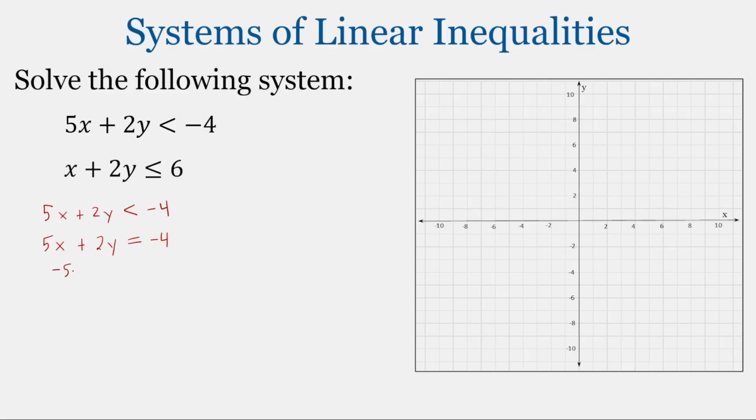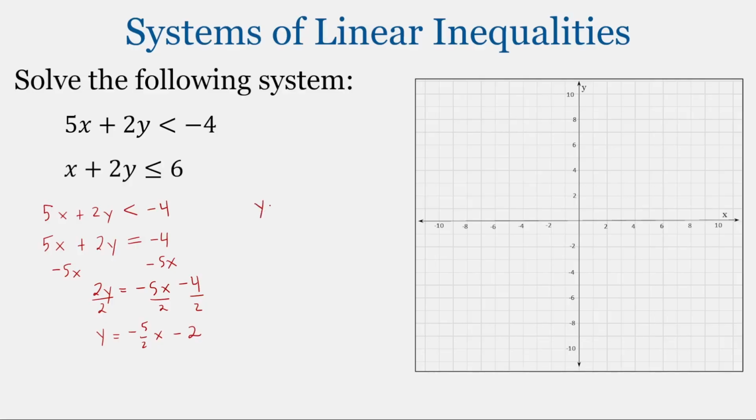So subtract 5x from both sides. This gives us 2y equal to negative 5x minus 4. And then dividing everything by 2, we get y equal to negative 5 halves x minus 2.